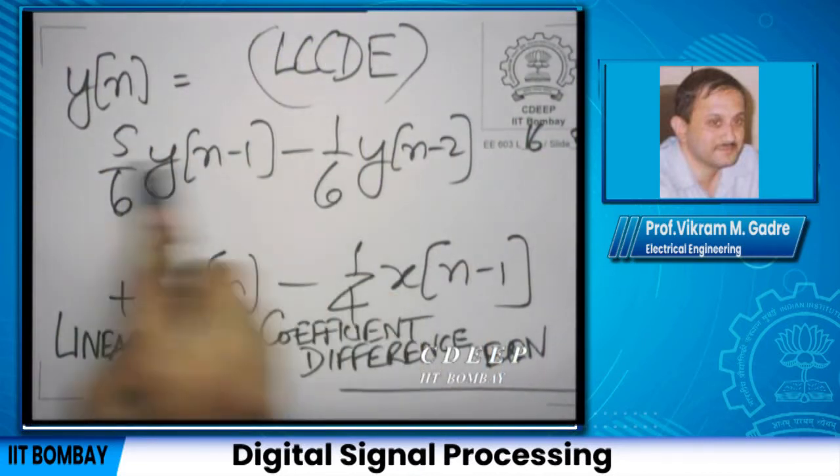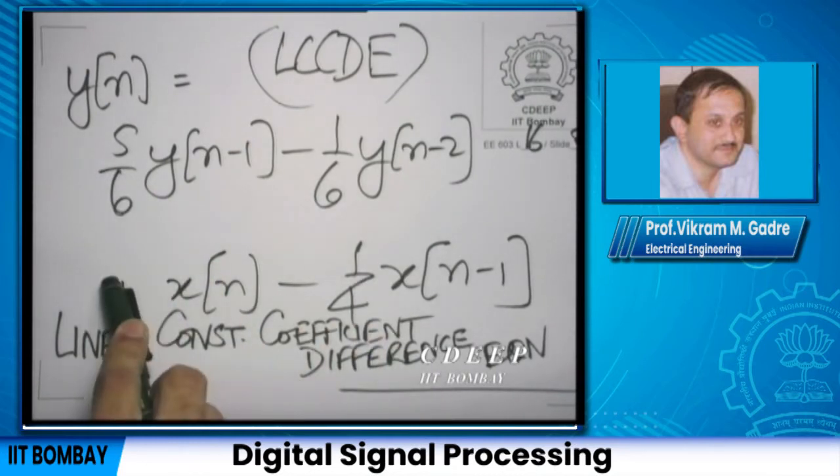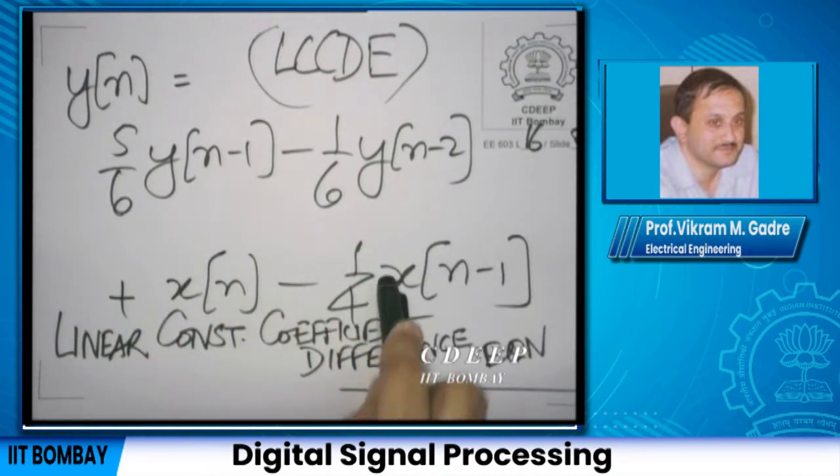So, here these are the multipliers: 1, minus 1/4, 5 by 6 and minus 1 by 6, all of them are constant. That is why it is a constant coefficient difference equation, and linear. It is linear because this entire input output relationship obeys the principle of superposition. That means it obeys additivity and homogeneity, and therefore, this is called a linear constant coefficient difference equation.